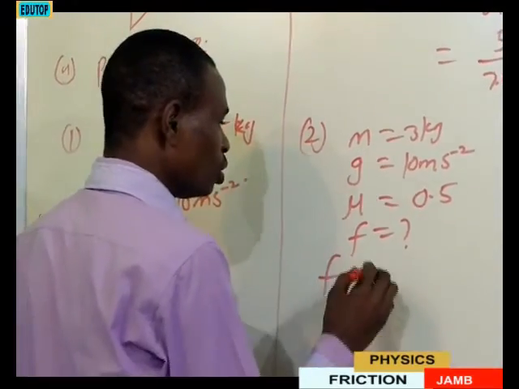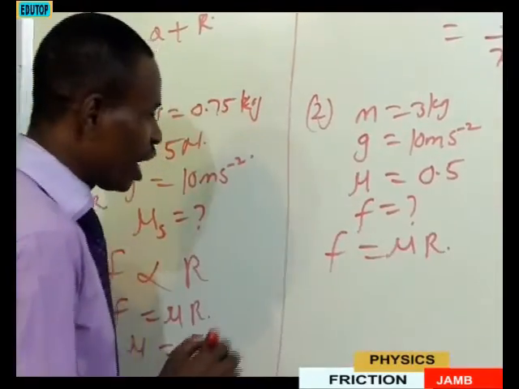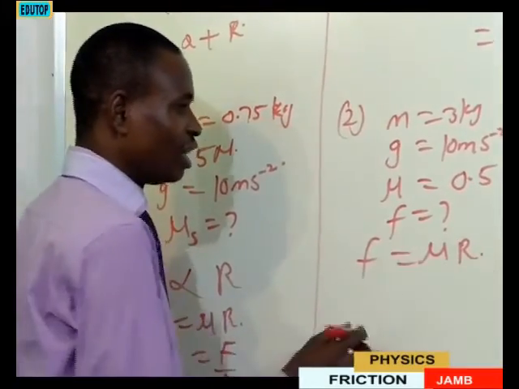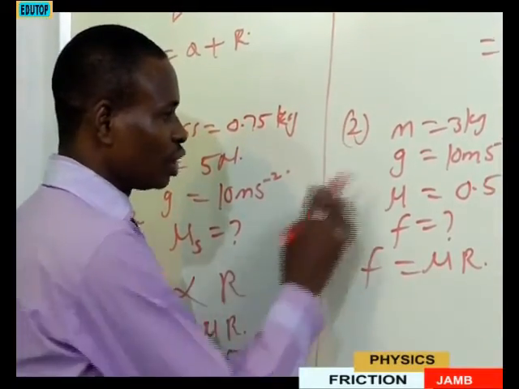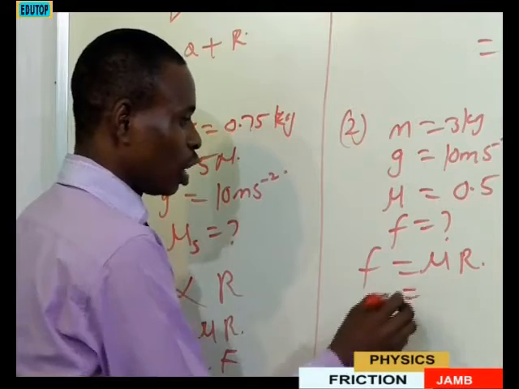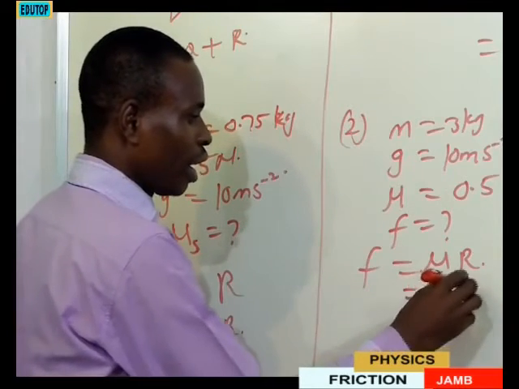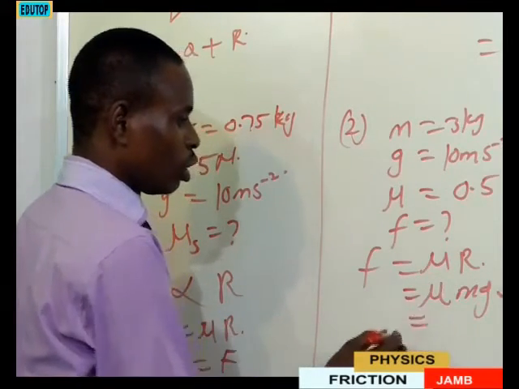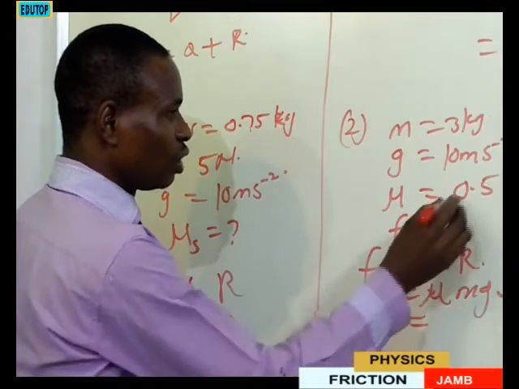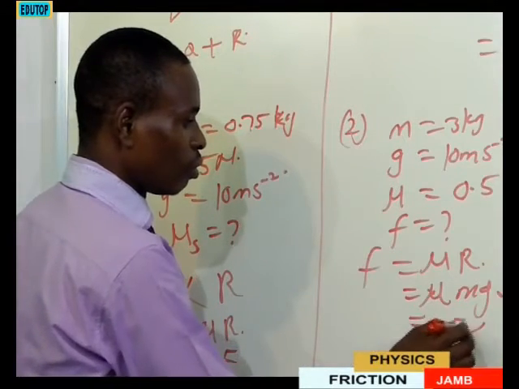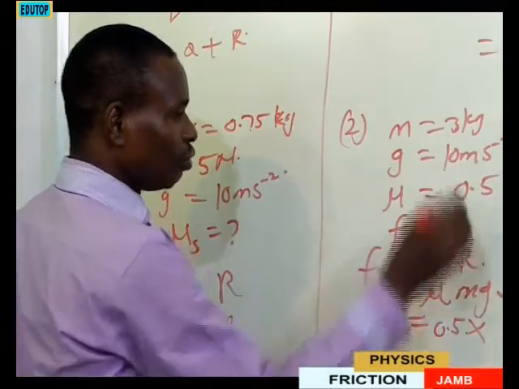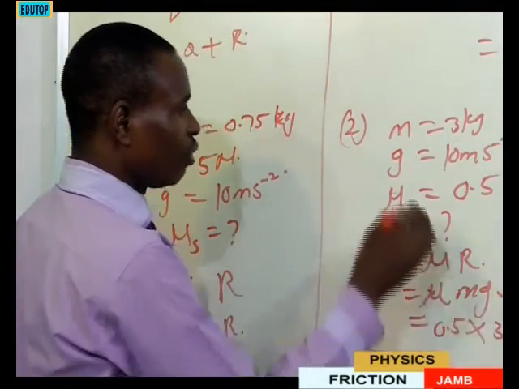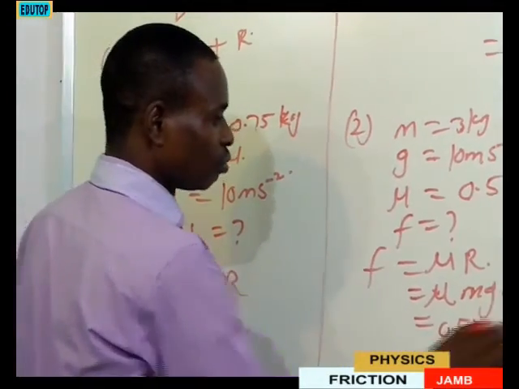We are still going to use the same formula for this question, which is F equals μmg. We are given the coefficient, which is 0.5, we are given the mass, which is 3, and we are given the value of g, which is 10.